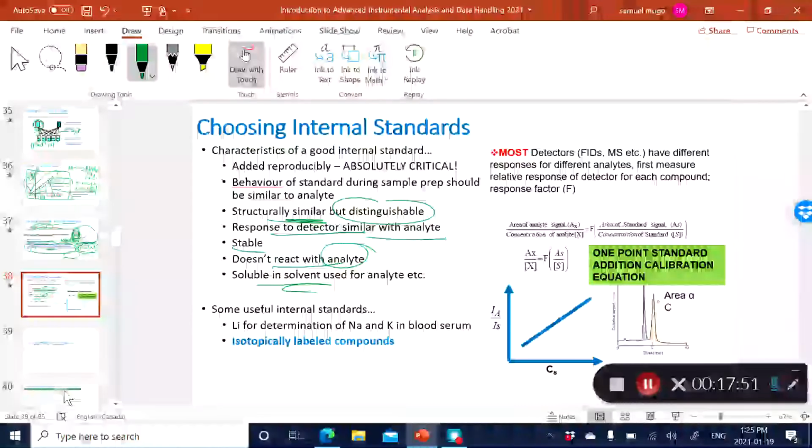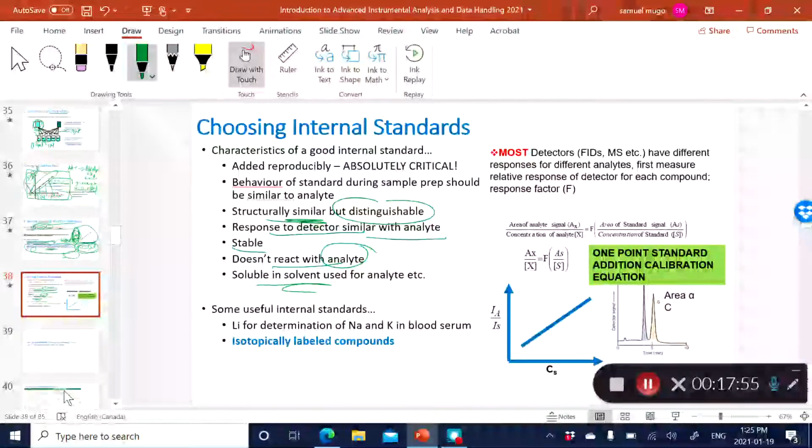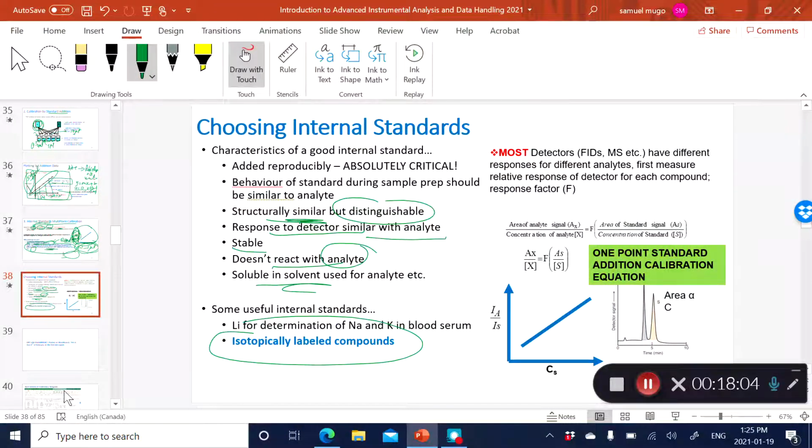So an ideal internal standard is typically the isotopic label of the analyte.